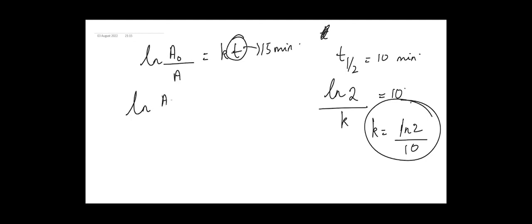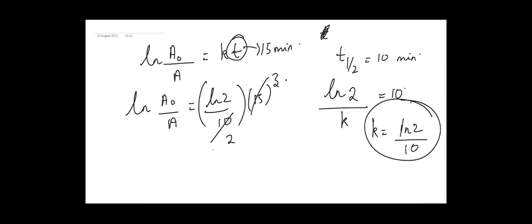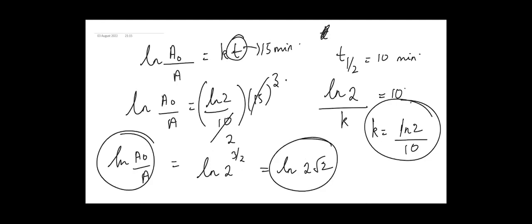So ln A naught by A is equal to ln 2 by 10 into 15. By cancellation we get 3 by 2, so ln A naught by A is equal to 3 by 2 times ln 2. Applying the property of logarithm, we get ln 2 power 3 by 2, and 2 power 3 by 2 is 2 root 2. Since the logarithm terms match, A naught by A is equal to 2 root 2.